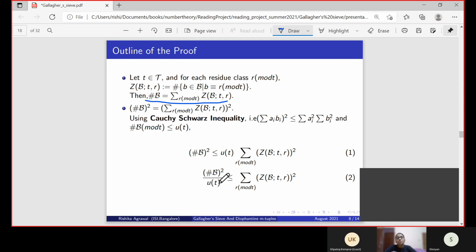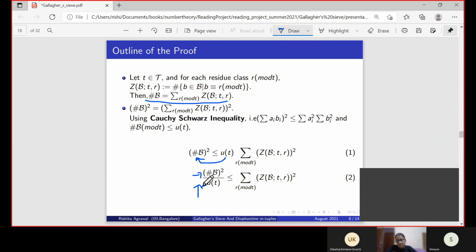Next, we'll take this U of T to the left-hand side and write it as the size of B, whole squared, over U_T is less than or equal to the summation over R mod T of Z(B, T, R) whole squared. Now we know that the size of B is what we want to estimate and U of T is what we know.